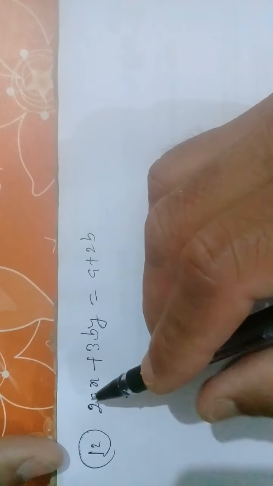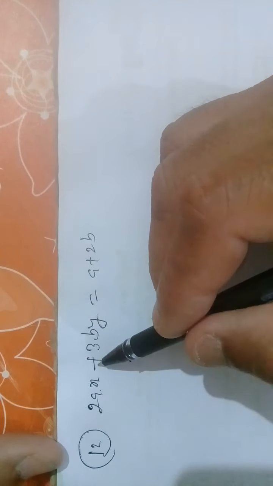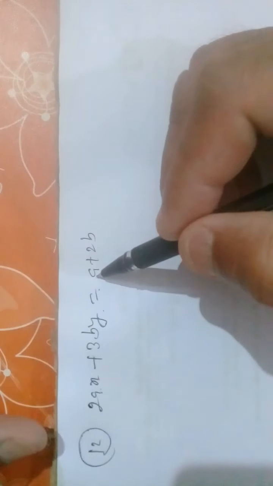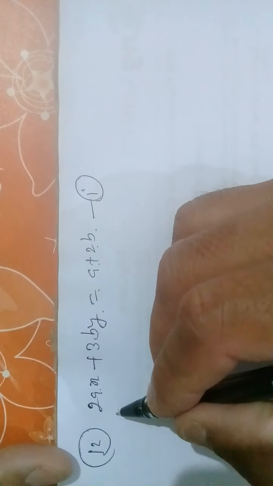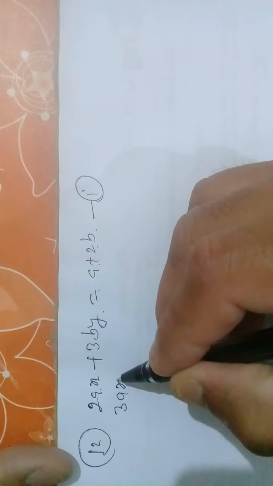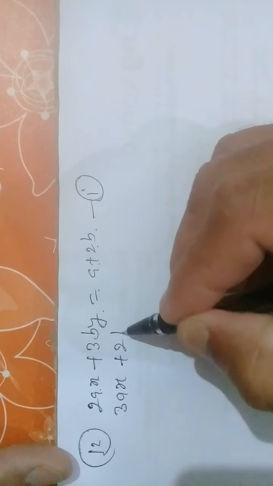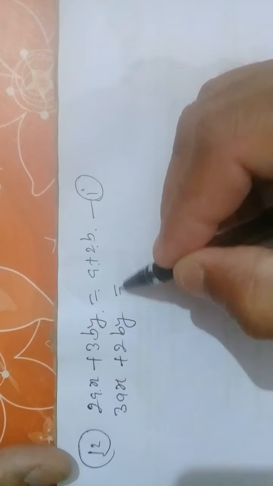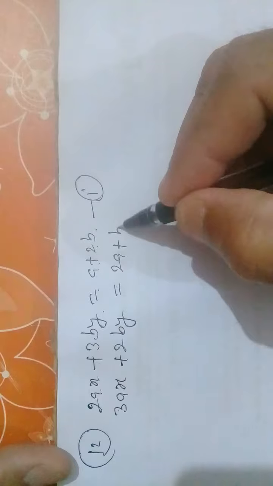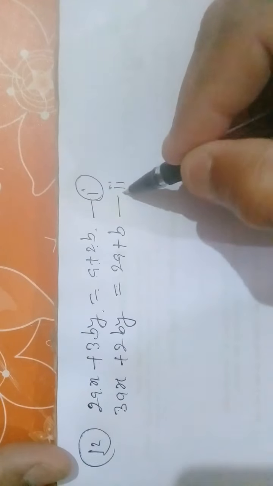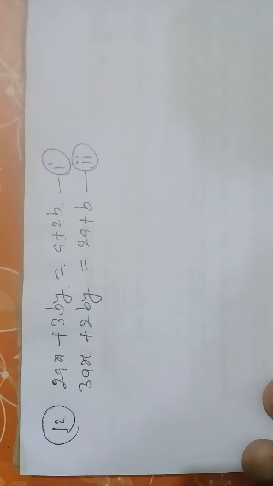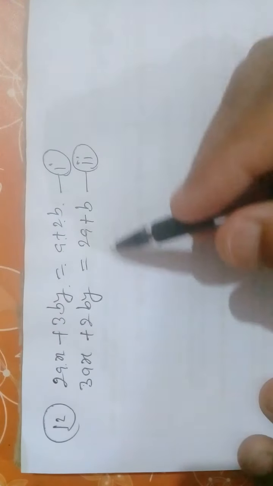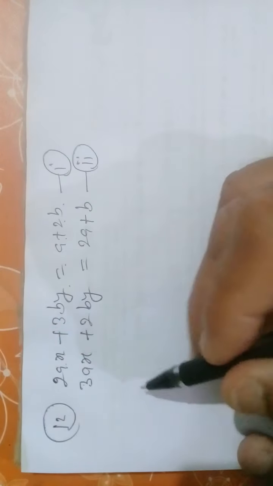Match your question. 2ax plus 3by is equal to a plus 2b, equation 1. And 3ax plus 2by is equal to 2a plus b, equation 2. Now I am solving this. I am going to solve.